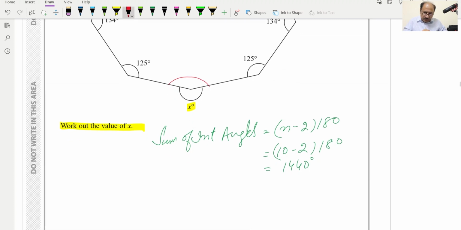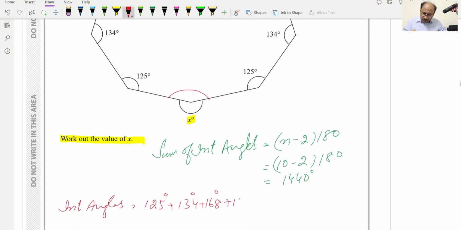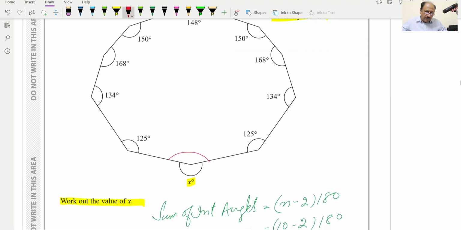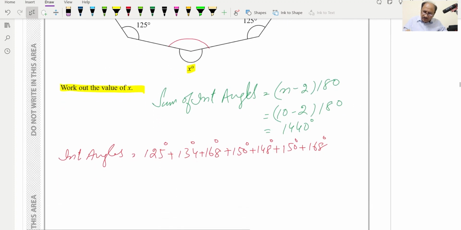We can write interior angles equal to 128 plus 134 plus 168, plus 150 plus 148, plus 150 plus 168, plus 134 plus 125 degrees, and this will be equal to how much?